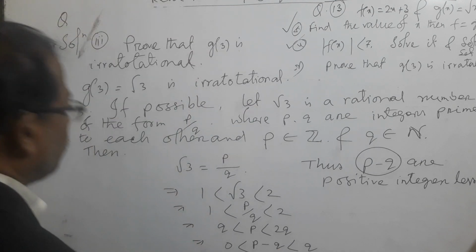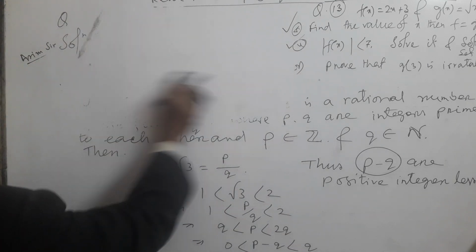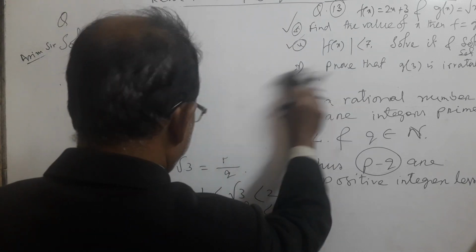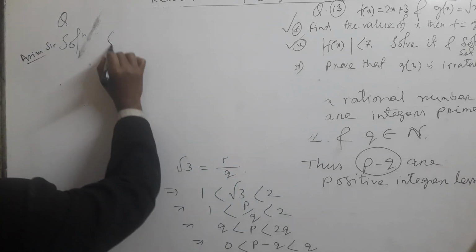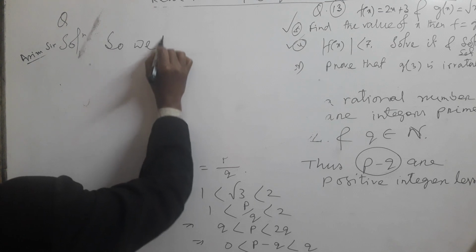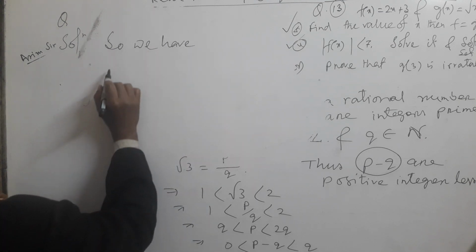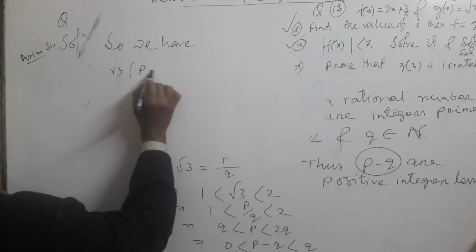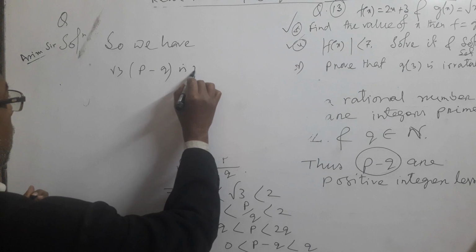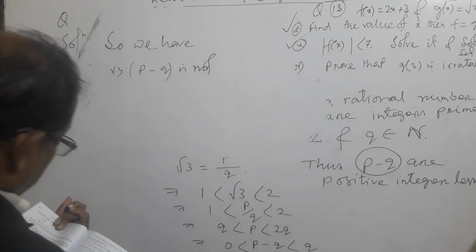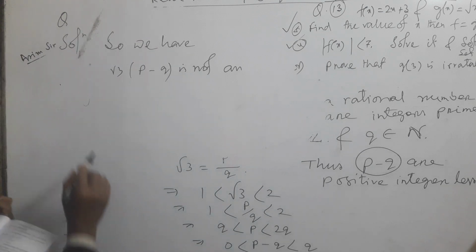And we show that, so we have root 3 into p minus q is not an integer.